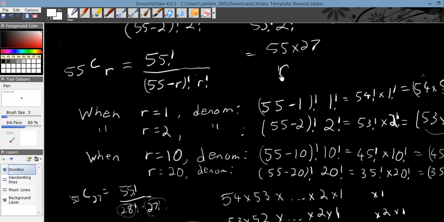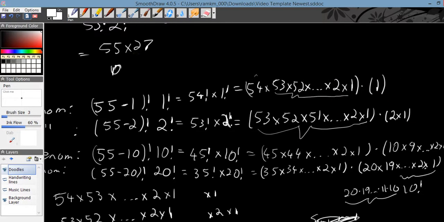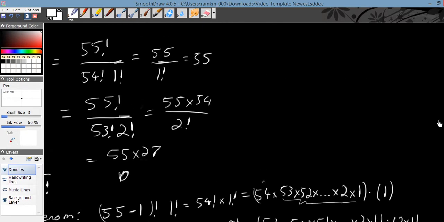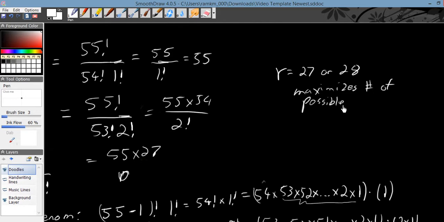So just right here, 27 or 28 maximizes the number of possible card sets.